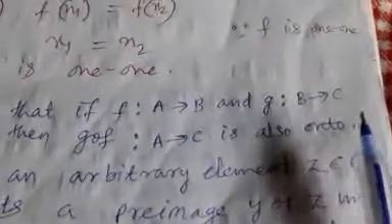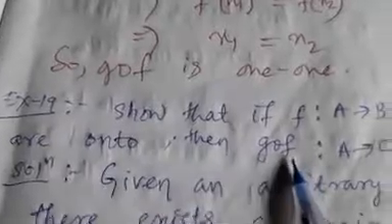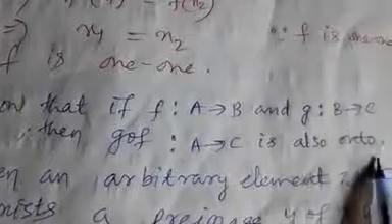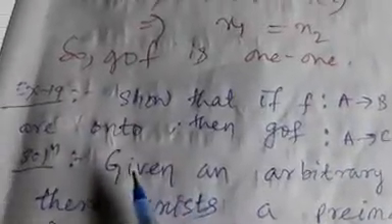Now another question. So that if f such that a to b and g such that b to c are onto, then g∘f such that a to c is also onto. Solution.